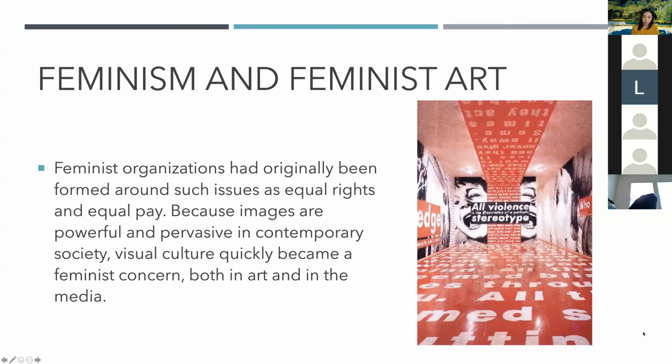Now, let's move on to feminism. The feminist organizations had originally been formed around such issues as equal rights and equal pay. Because the images are so powerful and pervasive in contemporary society, visual culture quickly became a feminist concern, both in art and in the media.